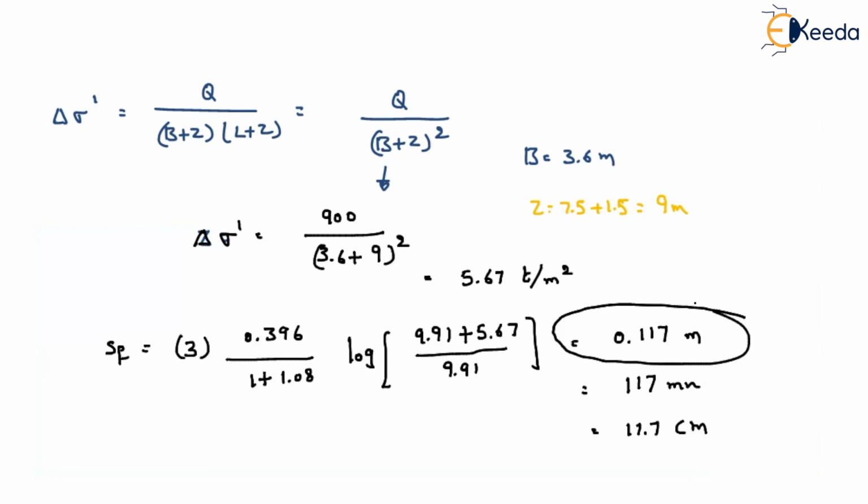Suppose I ask you to enter the answer in terms of mm, how much should you enter? 117. So if it is a numerical answer type question, before entering the value, please check the unit in which you have to enter it, so that we can decrease our marking mistakes and our marks will increase, right?